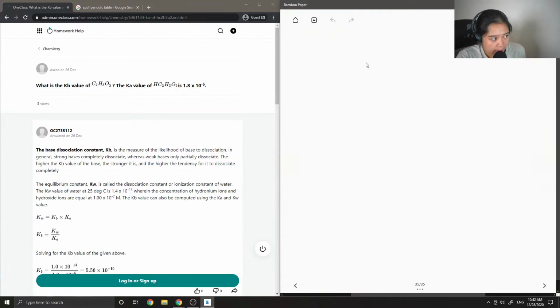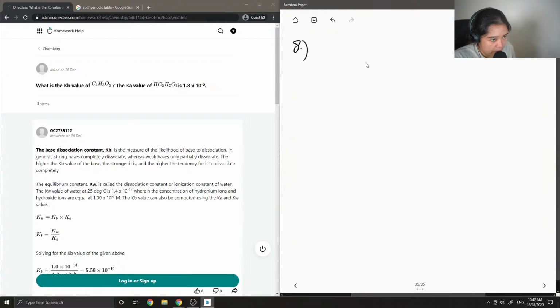Okay, so question 8. What is the Kb value of C2H3O2 minus? The Ka value is 1.8 times 10 to the negative 5.